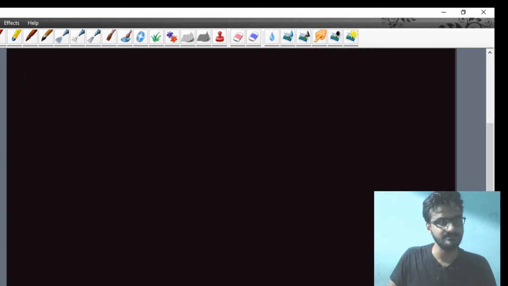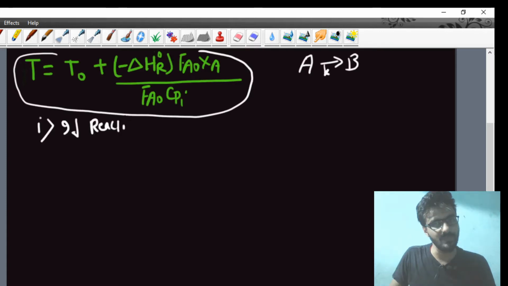Okay, now understand one thing. First case: if the reaction is exothermic, and my dear student, there must be another counterpart, if the reaction is endothermic.